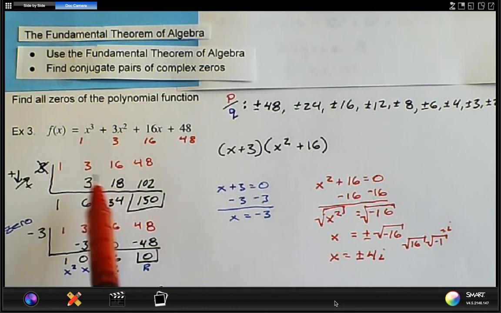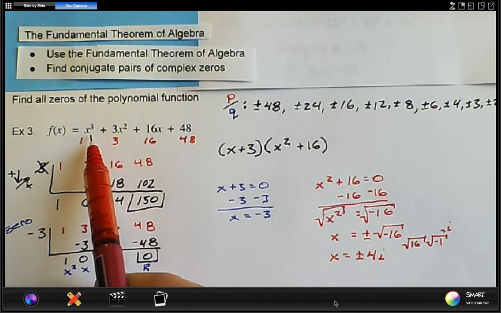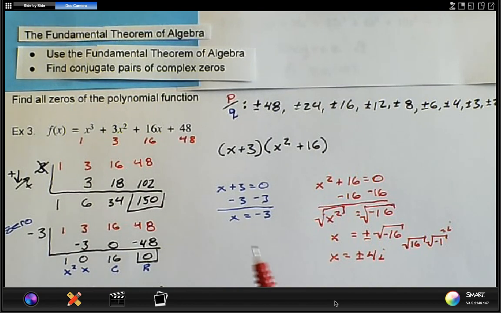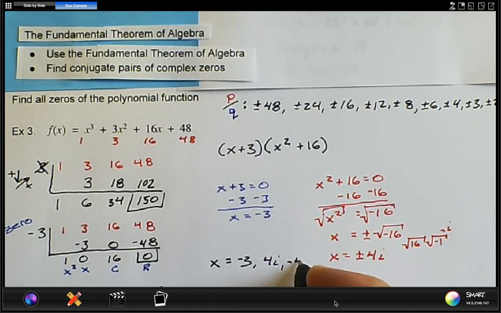So the degree of this polynomial is 3, and we have one real root here at x equals negative 3, and then we have two imaginary roots, one at x equals plus 4i and one equals negative 4i. So our solutions for this one are x equals negative 3, 4i, and negative 4i.